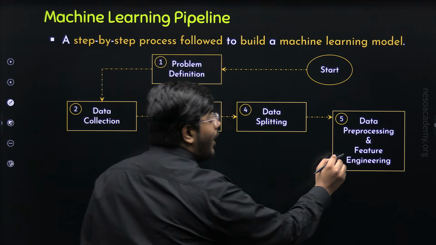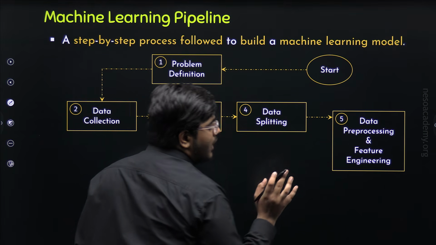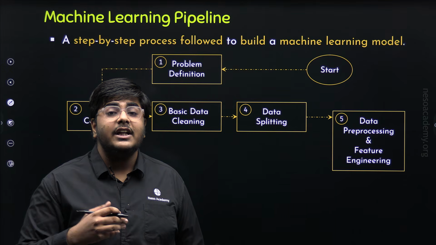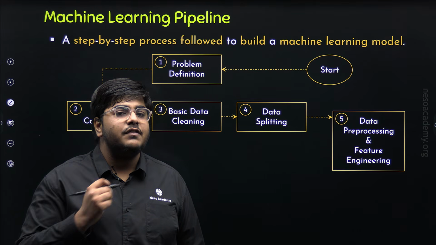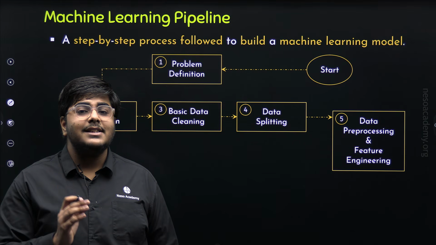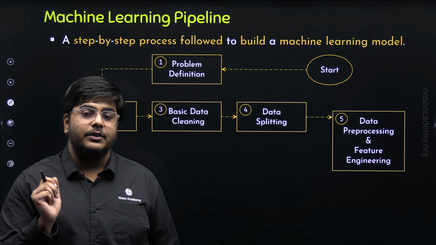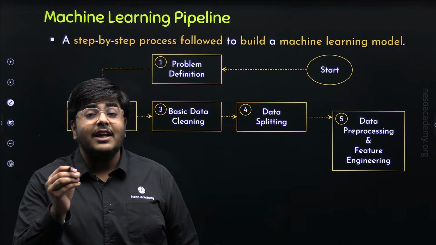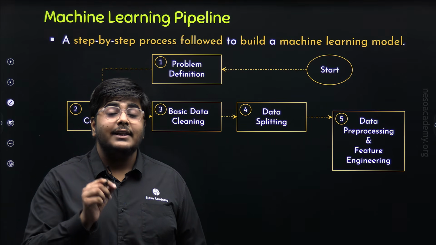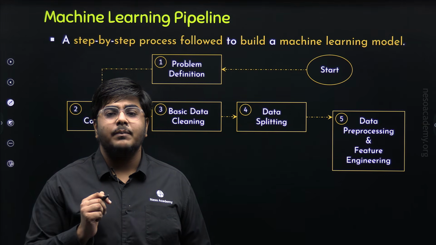Now, the second one is feature engineering. What is feature engineering? It is the process of creating new features from the existing features. For example, there is a data set which contains a column known as date of birth. Now, if we create a new column called age from date of birth, then this is known as feature engineering.